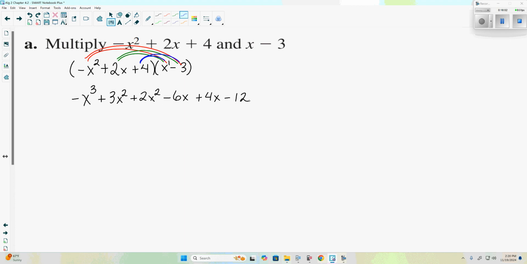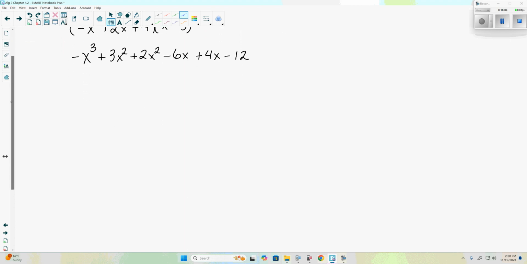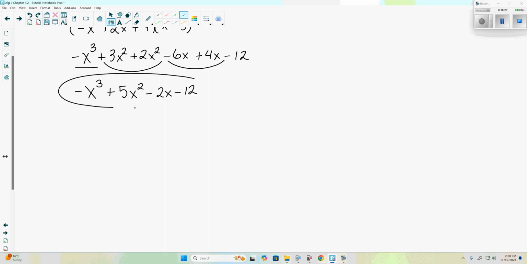Now we need to combine like terms before we finish this up. Negative x cubed does not have any like terms, so it's negative x cubed. 3x squared plus 2x squared is going to be plus 5x squared. Negative 6x plus 4x is negative 2x, minus 12.